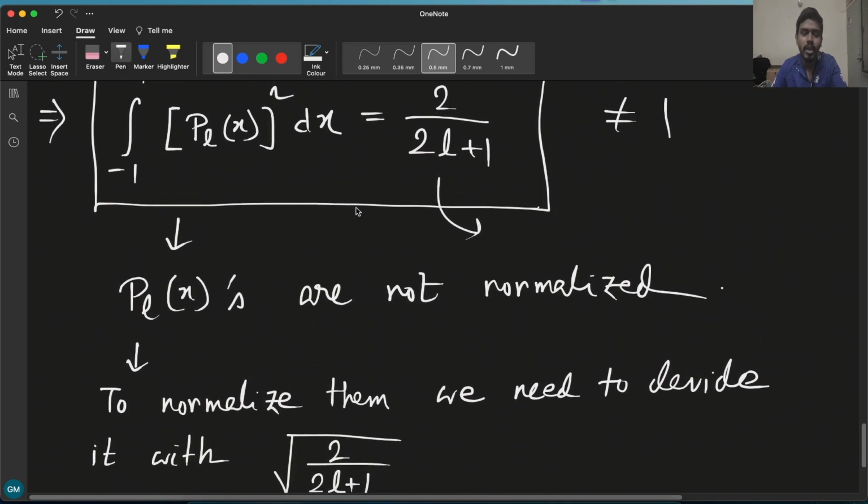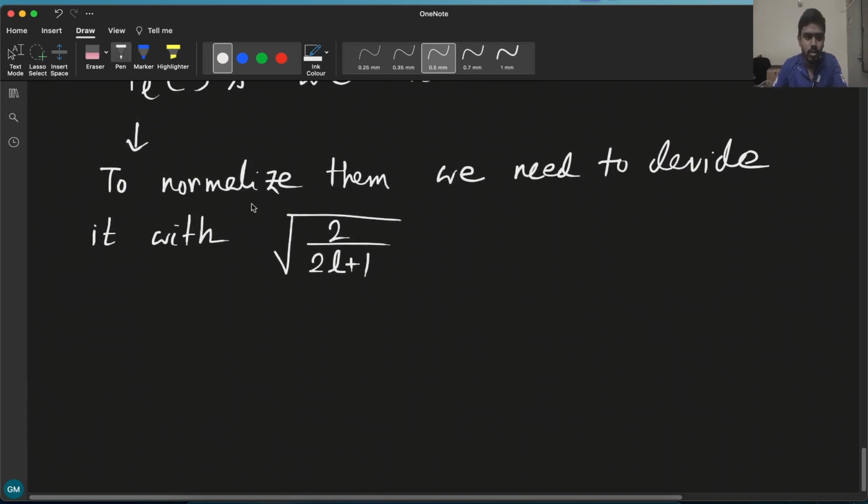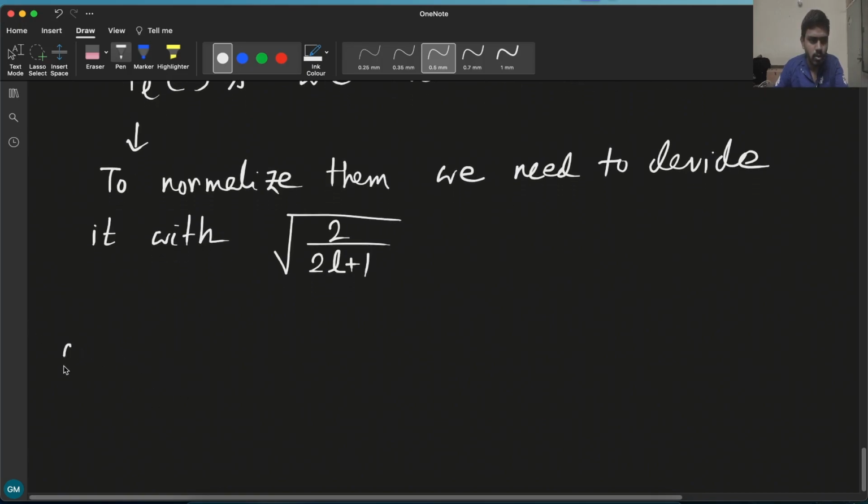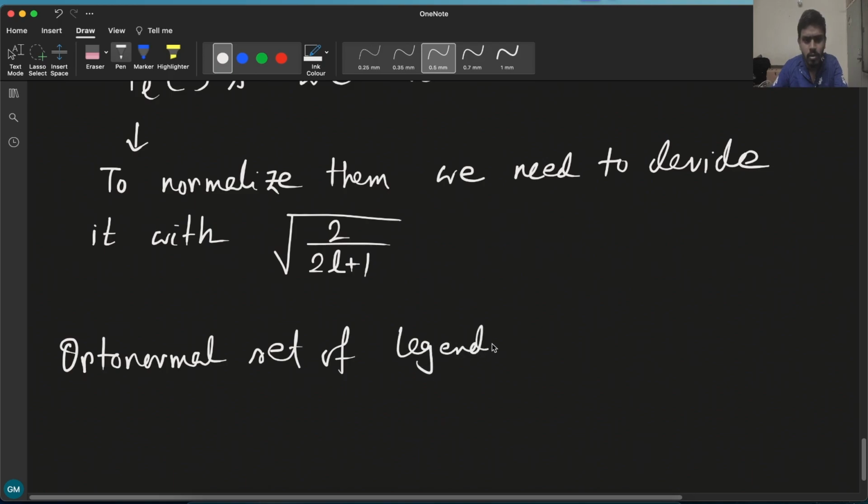It's a dot product of PL with itself, so basically normalized, or I can write it as an orthonormal set of Legendre polynomials.